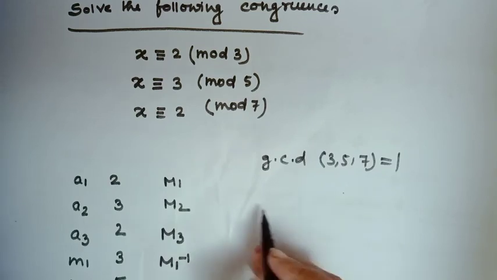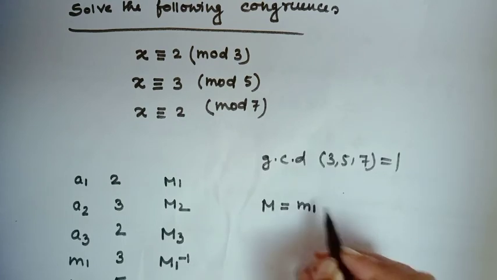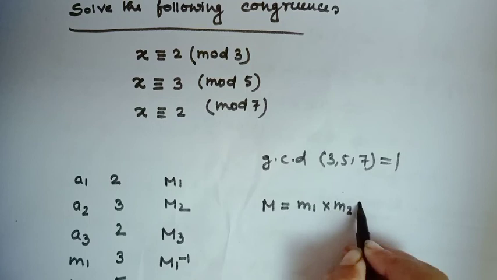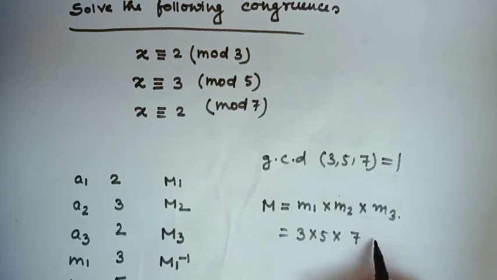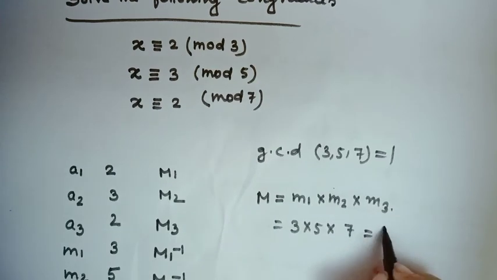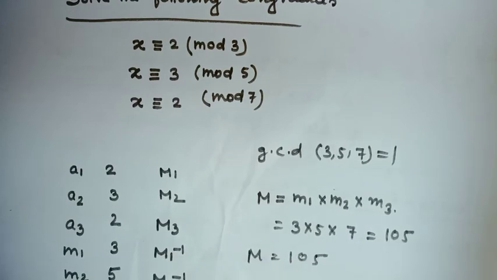Here capital M equals m1 times m2 times m3, that means 3 times 5 times 7 equals 105.